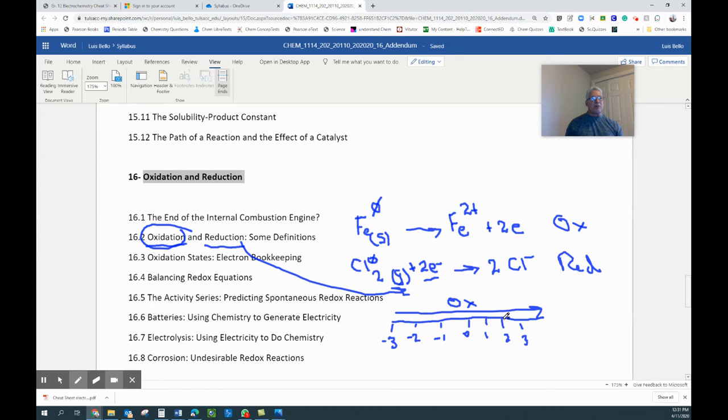Any species that decreases its oxidation number is experiencing reduction. For instance, chlorine here is gaining 2 electrons, going from 0 to -1, from right to left. That decreases the oxidation number, and that's the way you identify that the chlorine is reducing.